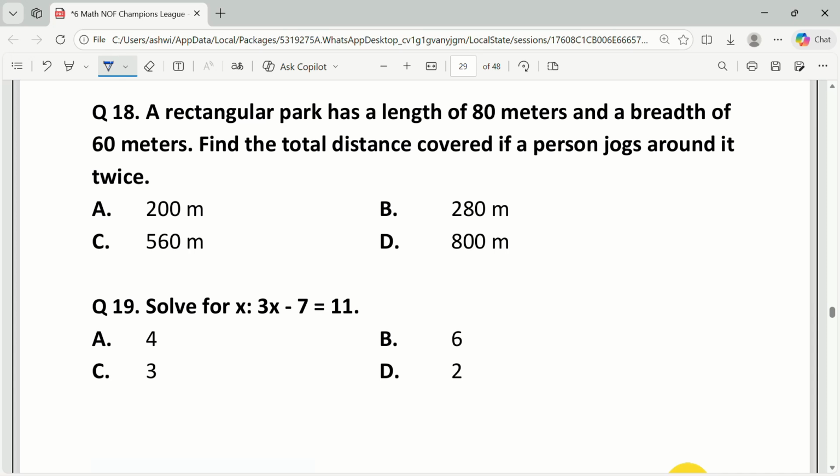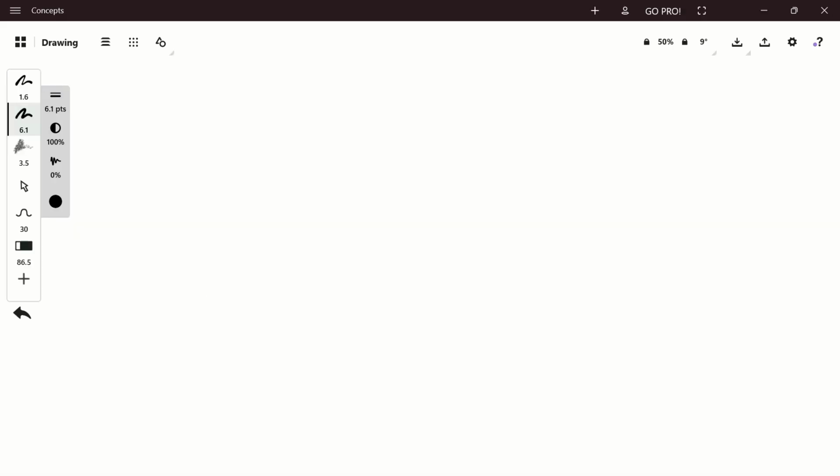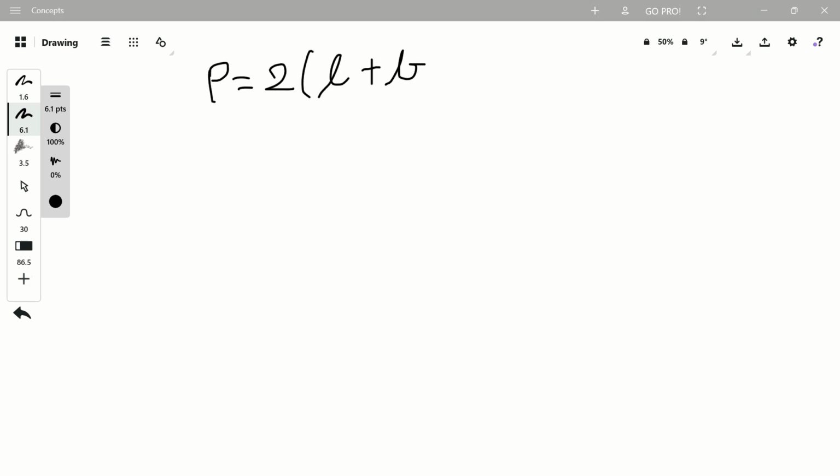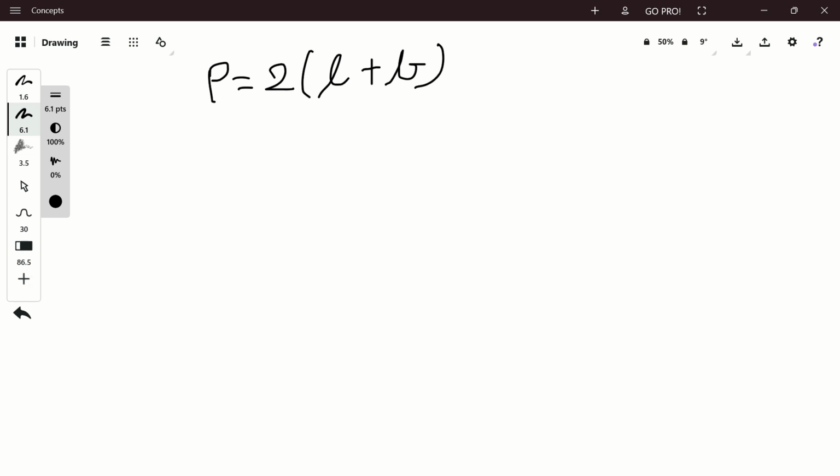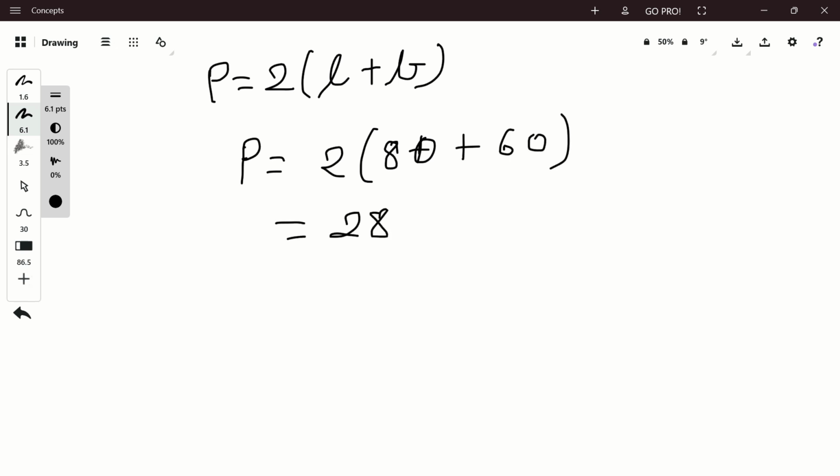Question 18. A rectangular park has a length of 80 meters and the breadth of 60 meters. Find the total distance covered if a person jogs around it twice. The perimeter of a rectangle is given by the formula P is equal to 2 L plus B. Using the given values, we have P is equal to 2 into 80 plus 60, that is 280 meters.